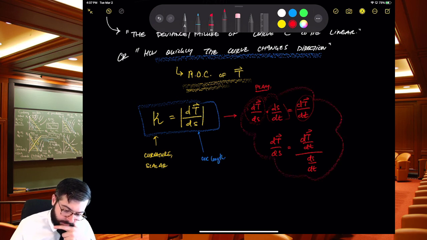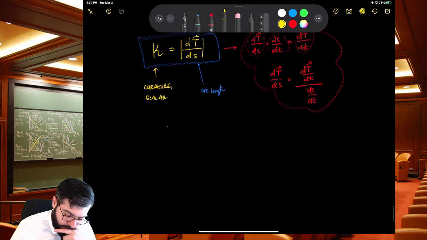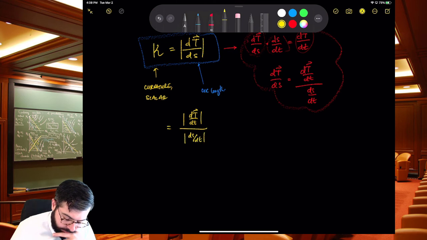So that's nice. So what that means is this magnitude then must be equal to the magnitude of dT/dt all over the magnitude of ds/dt.